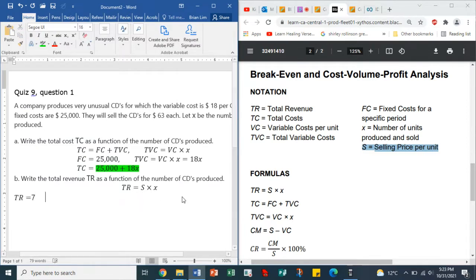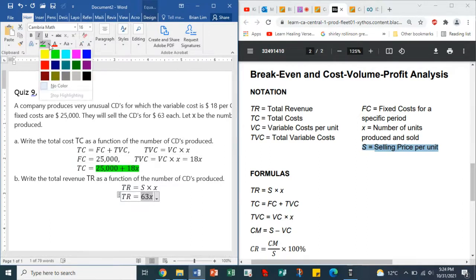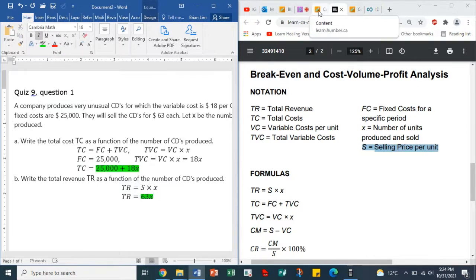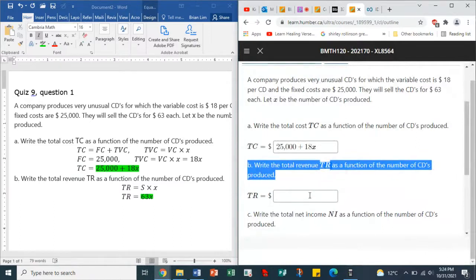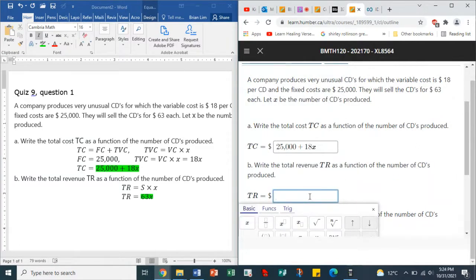So S is equal to 63, and TR is 63 times X. This would be the answer for the total revenue. We'll put that in green also. We'll go back to the question, and that number should be 63x.